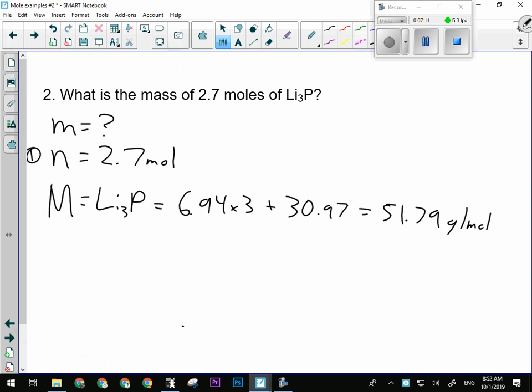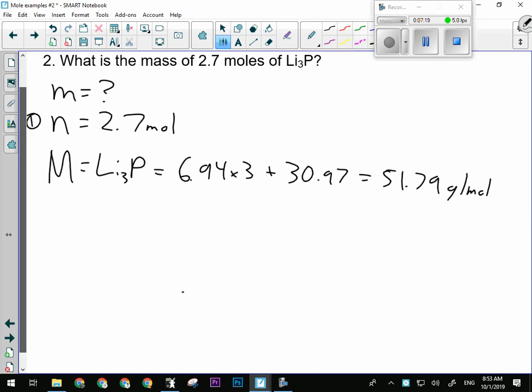Okay, so I have N, I have big M, molar mass, and I'm looking for mass, little m. So that means I'm going to have to manipulate the mole equation formula so that it solves for little m. The rules of algebra are, if I want to move something, do the opposite. Right now I want to move big M because that's how I can get little m by itself.